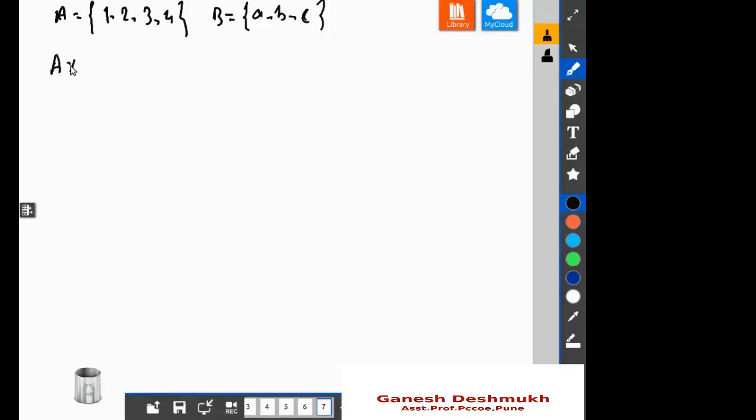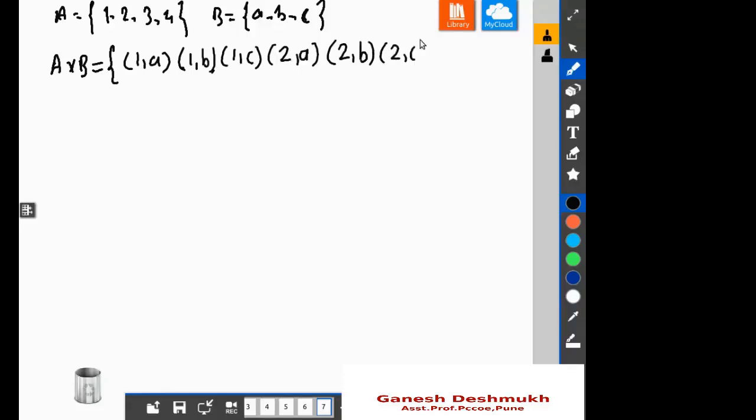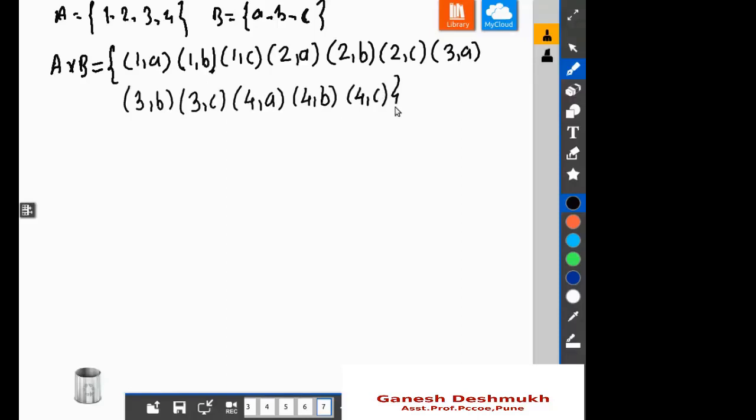So how to find A cross B? That is 1a, 1b, 1c, then 2a, 2b, 2c, then 3a, 3b, 3c, and last 4a, 4b, and 4c.